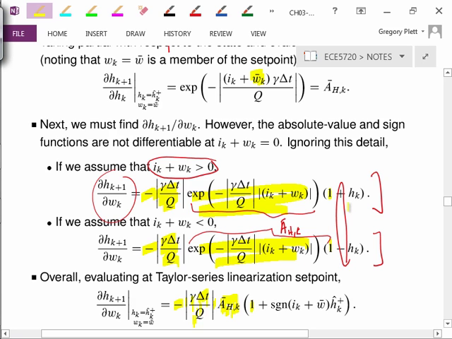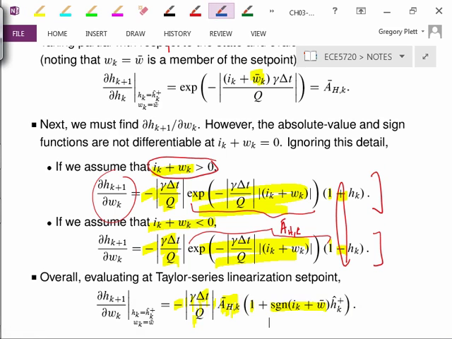Then I need an expression that takes into consideration what's happening with h_k, and I say, oh, if I plus W is positive, I have a positive. If I plus W is negative, I have a negative. Let's just suppose, I know it's not differentiable at 0, but suppose if I plus W is 0, that 0 is an okay thing to do. I replace that plus/minus sign with simply the sign of I plus W bar, multiplying by h hat.